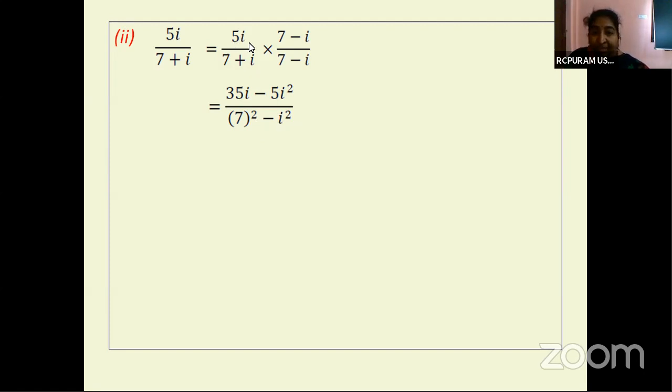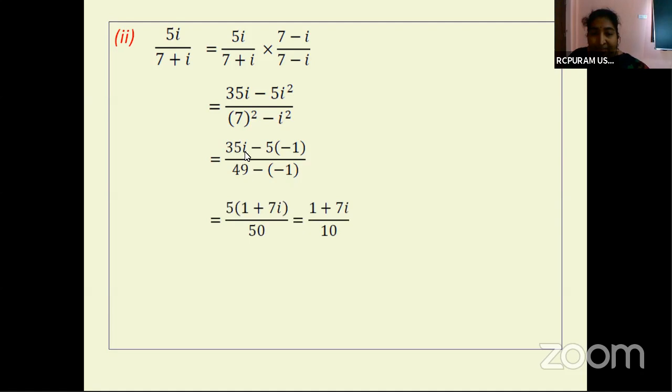In the numerator, 5i into 7 is 35i, minus 5i into i is 5i². Instead of i², we'll substitute −1, children. So 35i − 5 into −1, divided by 7² which is 49, minus i² which is −1.